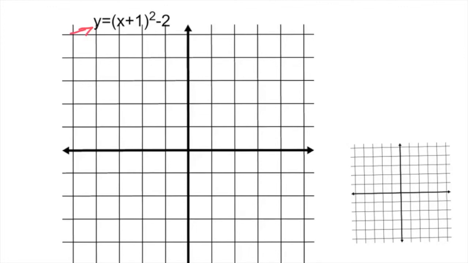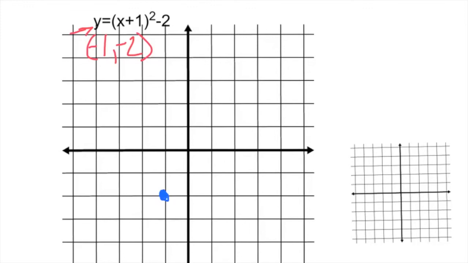From our formula, where we talk about negative h, comma, k, we know our vertex has to be at the point negative 1, comma, negative 2. So we can immediately jump into our graph and go ahead and line out our vertex at negative 1, negative 2. From this point, it would simply be a matter of filling in our t-chart.